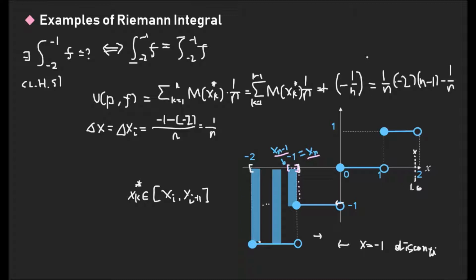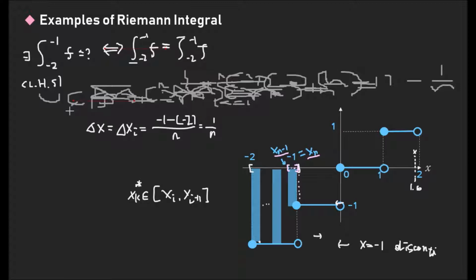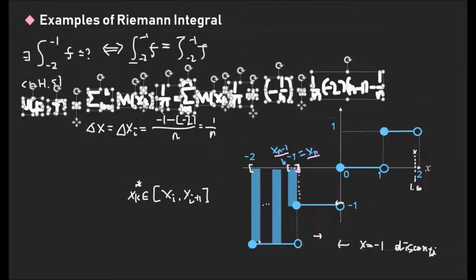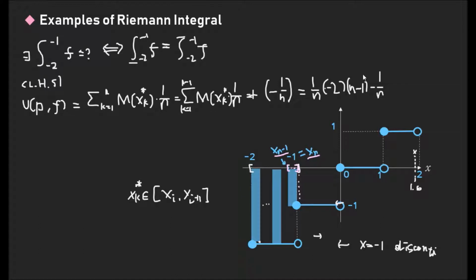So the result is (2/n)(n minus 1)(-2) minus 2/n.